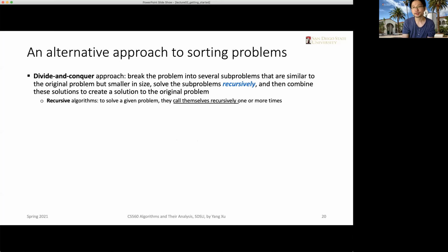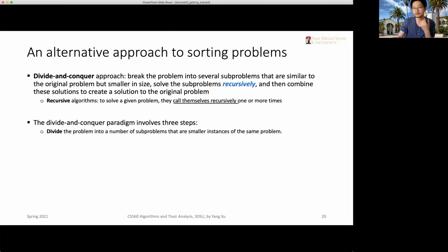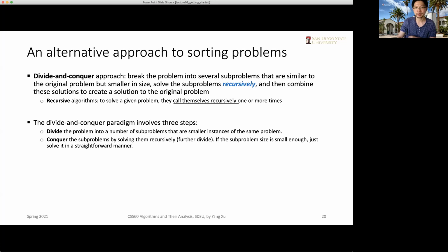Here, recursive is a key term. In this type of divide and conquer approach, we need to write recursive algorithms. In a recursive algorithm, we call the function being defined, calling itself recursively one or many times. There are three steps involved. First is called divide: we divide the problem into a number of subproblems. Then conquer: we solve them recursively.